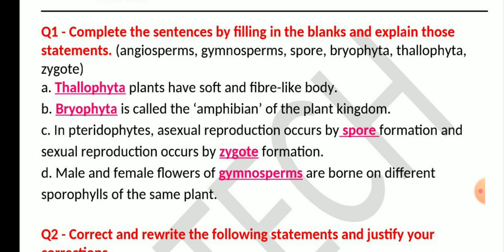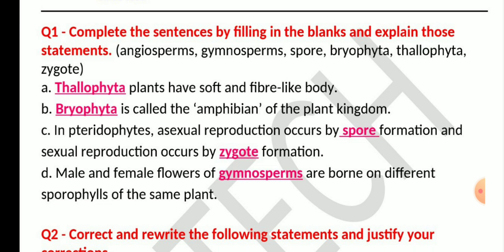Always remember this, children. Third one. In pteridophytes, asexual reproduction occurs by dash formation. It is spore formation. And sexual reproduction occurs by dash formation. Yes, it is by zygote.